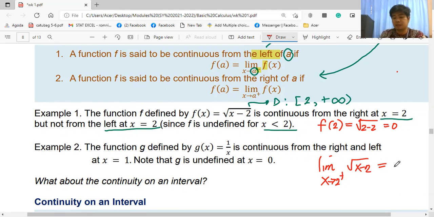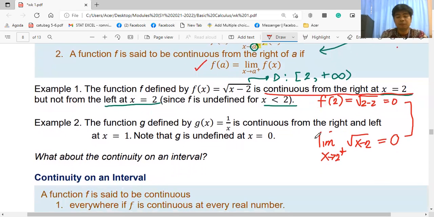And we can see here immediately that as you keep approaching 2, it will happen that square root of x minus 2 will keep on approaching 0. The limit is 0. Now, if you compare them, since 0 is equal to 0, it is true that f of a is equal to the limit of f of x as x approaches a from the right. Dahil napatunayan natin yan, totoo nga na continuous siya at the right of x that is equal to 2.